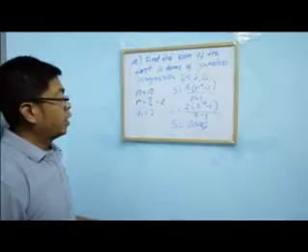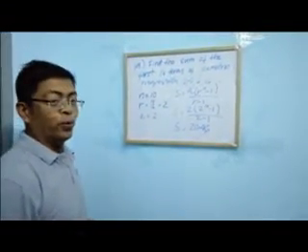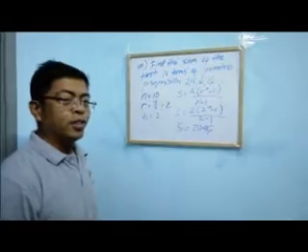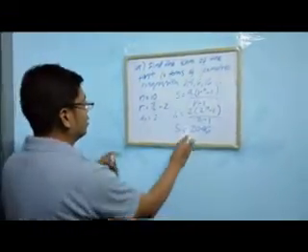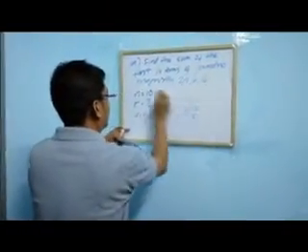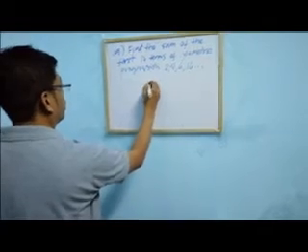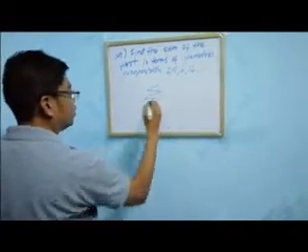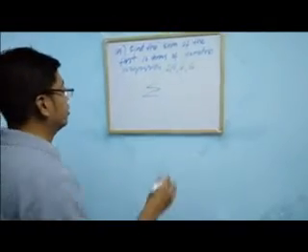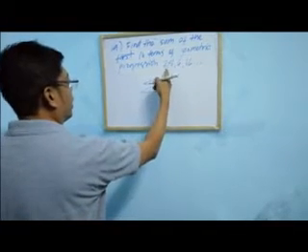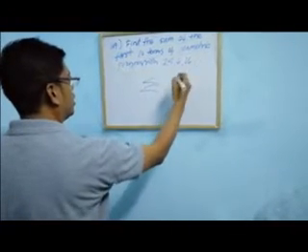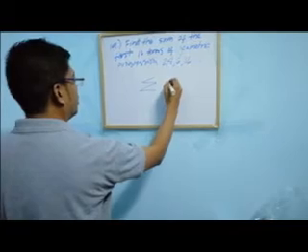So another way to get the value, a shortcut, is by using the calculator technique. We only use the summation function on the calculator. For the sequence 2, 4, 8, 16, the formula will be 2 raised to x.